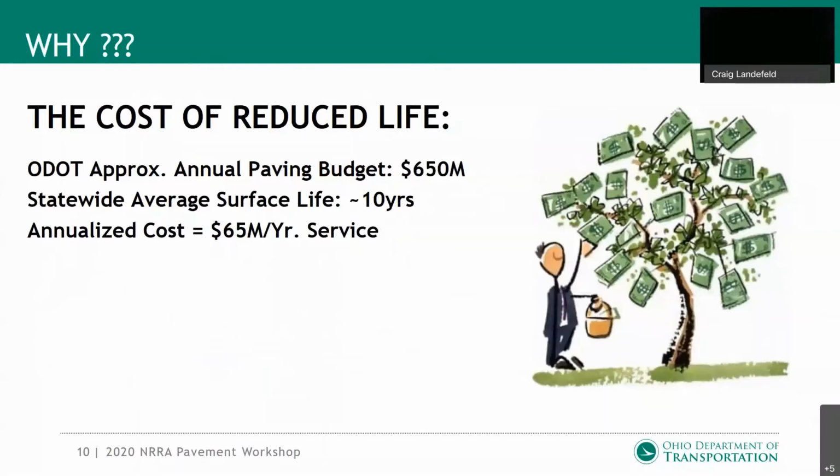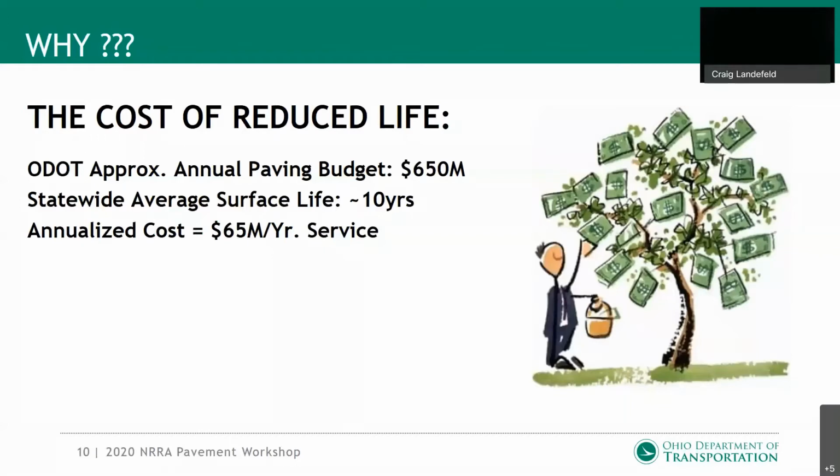Right around 10 years would be just an average service life that we would get out of our pavements. Some surfaces would last longer than 10, some maybe a little less than 10, but that would be a pretty good average statewide historically where we've been. An annualized cost is about $65 million per year of service.